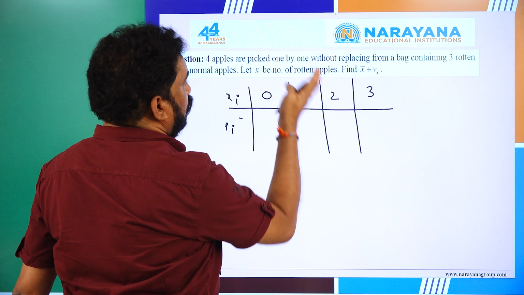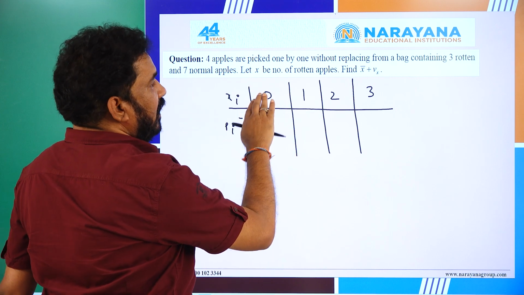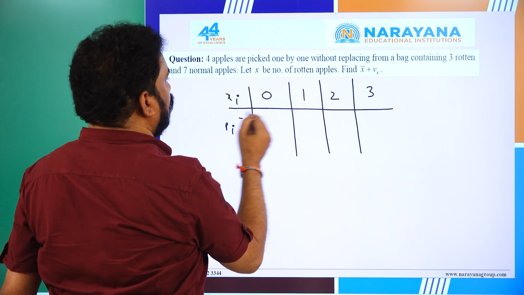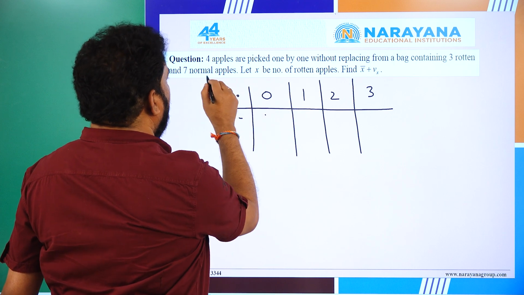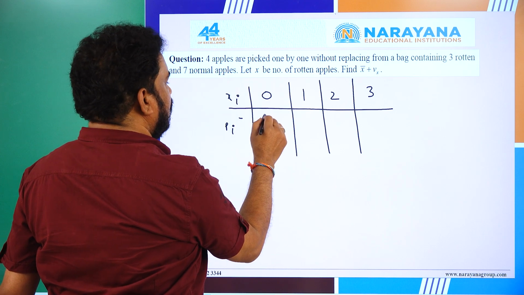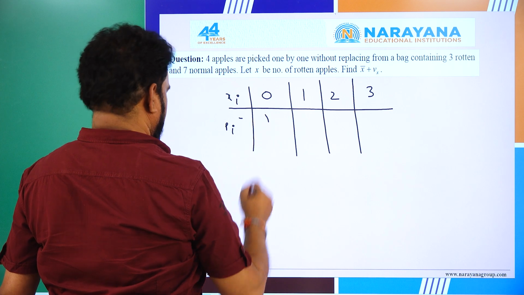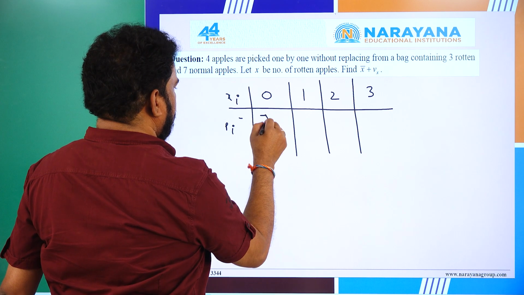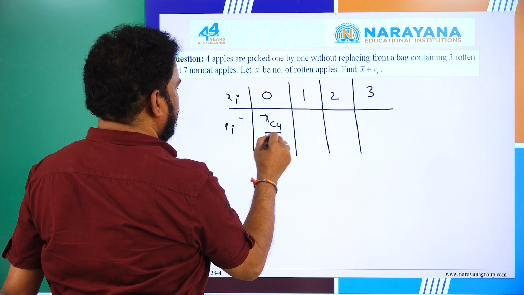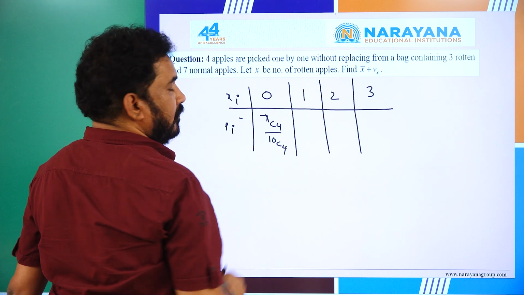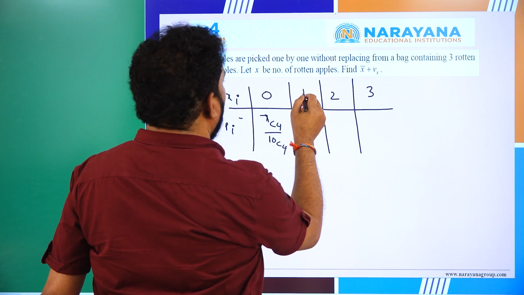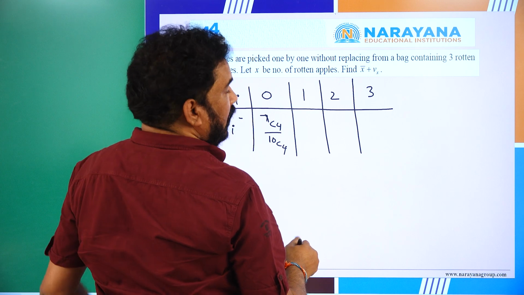Okay. So 0 rotten apples, 4 were taken, from totally 10. There is no rotten apple, so all apples are normal apples only. This would be 7C4 by 10C4. Very big calculation. So next, 1 rotten apple.